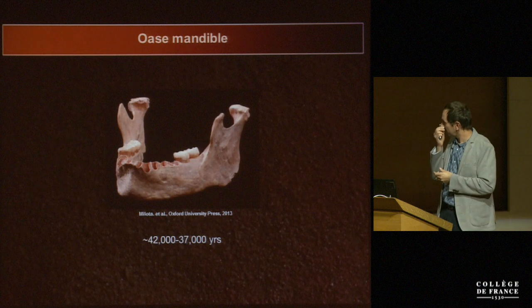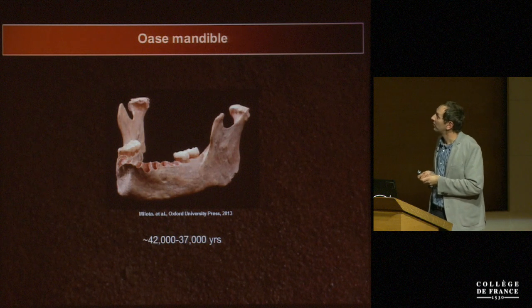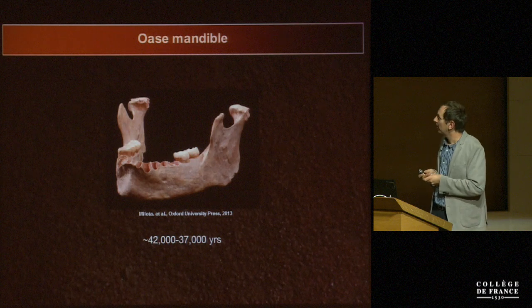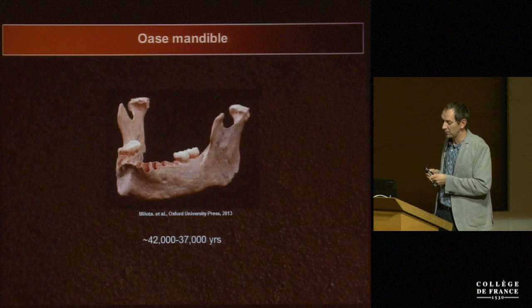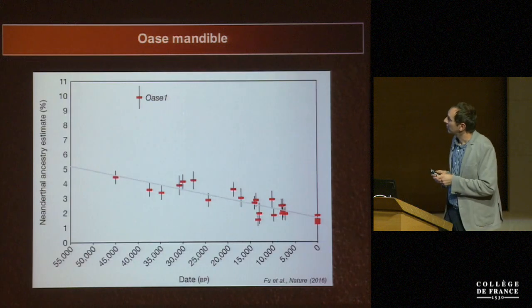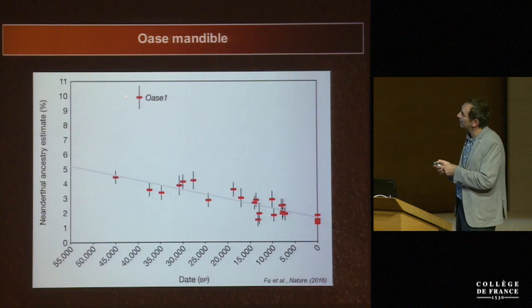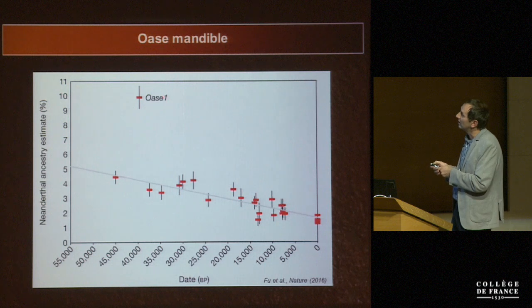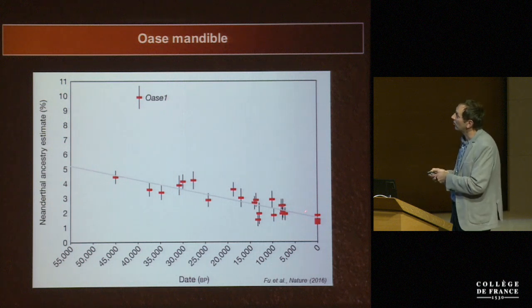This is a fossil that was found in Romania that we call Oase, and it's dated to about 40,000 years ago. If you compare the level of Neanderthal ancestry in this individual, it really stands out above all other ancient or modern humans that we've sequenced.